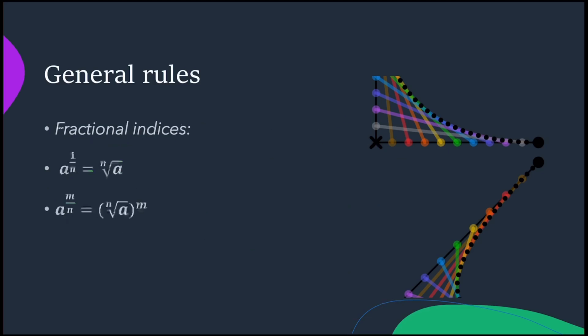The last rule is the fractional index. A fraction, just to remind you, is x over y. So if we have a to the power of 1 over n, let's say 4 to the power of half. Whenever you see a fraction in this format, that means it is a root of that number. So you need to put it into this format. So it's 4, and this is square root.